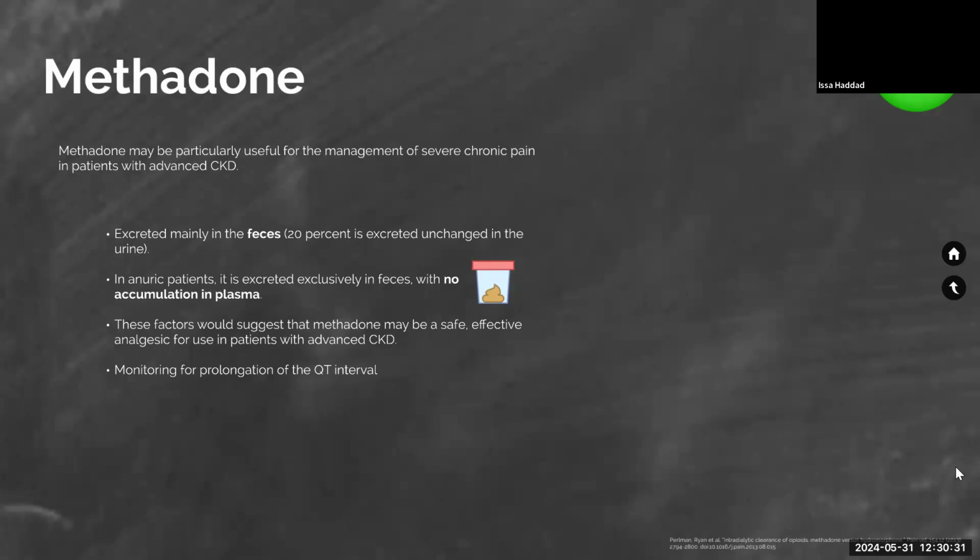So these factors do suggest that methadone may be, and I'm not saying that it was studied, but it needs some more study, a safe, effective analgesic for use in patients with advanced CKD. However, we need to remember that it can prolong QT interval and it needs monitoring for that.